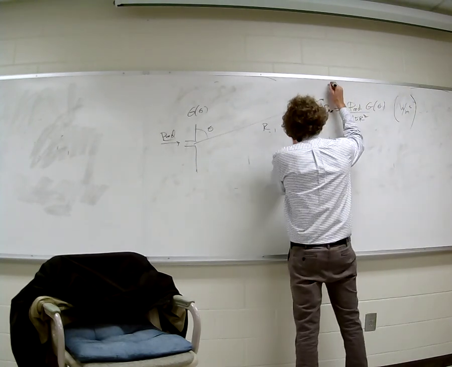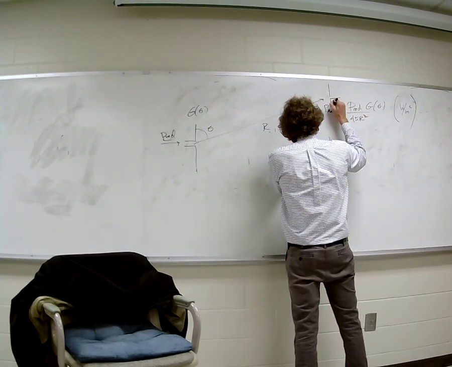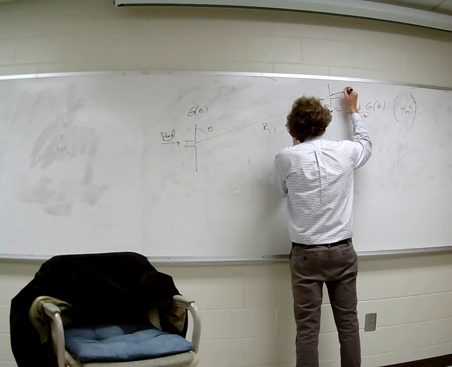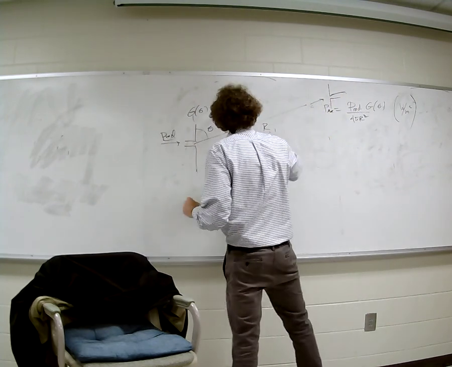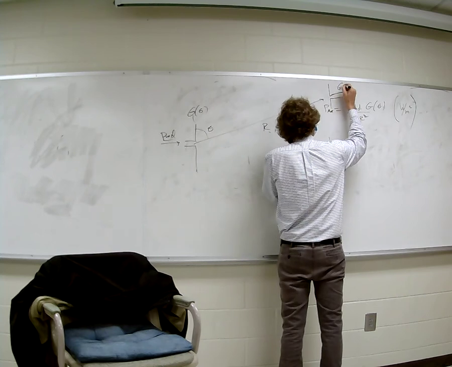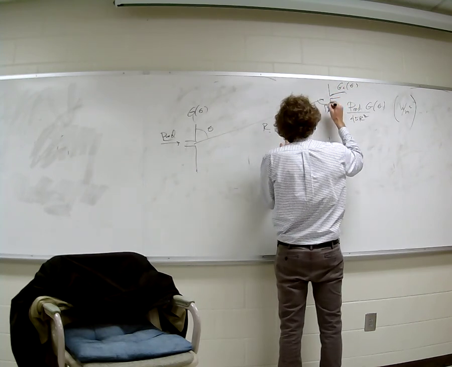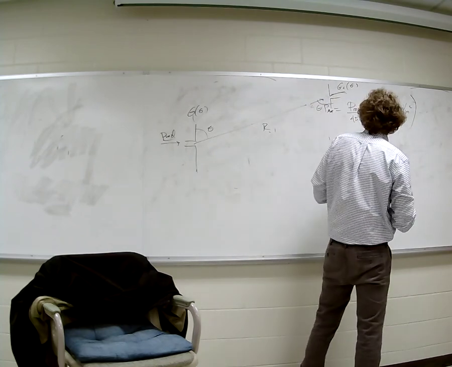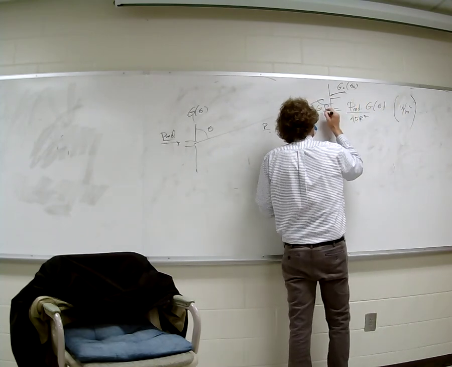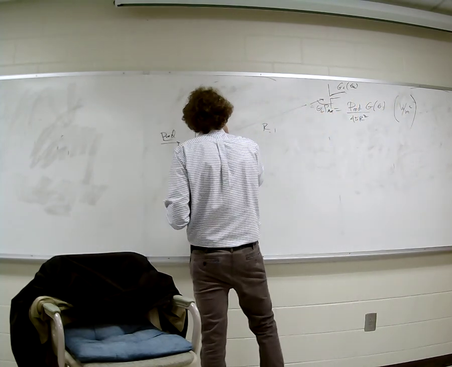Now, if I put a second antenna up here, call this gain 1, and this has gain 2 at angle theta 2. Label that theta 1. I'm going kind of quick here.